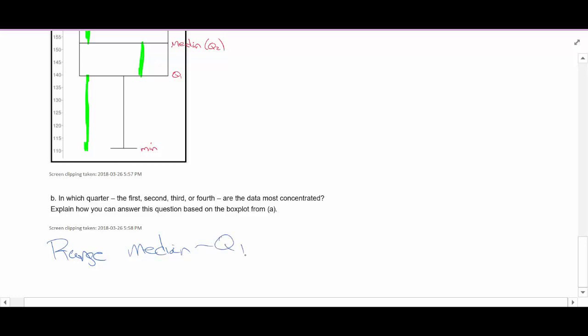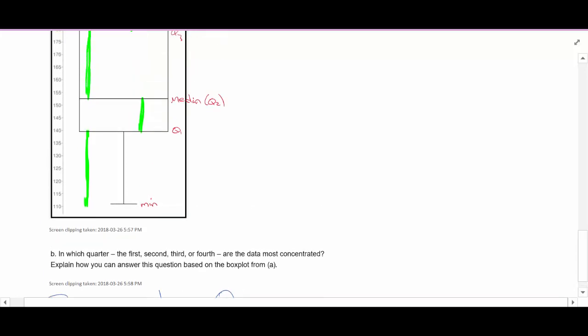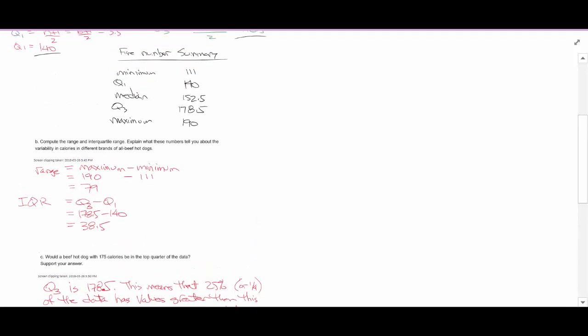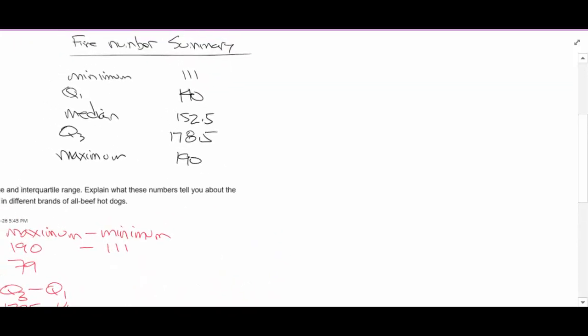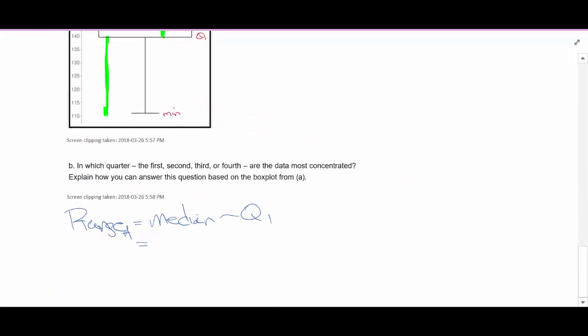Well, the value of the median from our 5-number summary was 152.5, and Q1 was 140. So this is going to be 152.5 minus 140. That's 12.5.